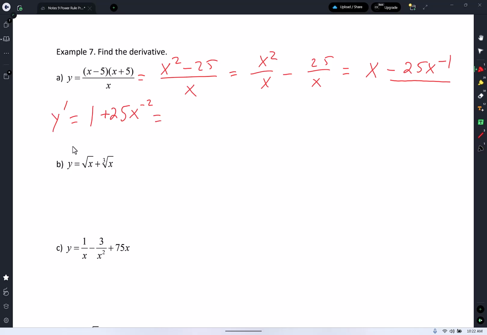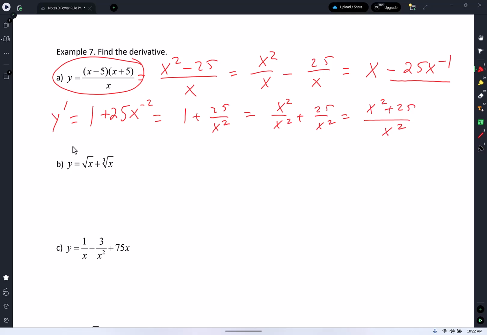You can rewrite it as 1 plus 25 over x squared. And if you want to turn that 1 into x squared over x squared, which is probably what they want to see, let's turn that into x squared over x squared plus 25 over x squared. And here's your final answer: x squared plus 25 over x squared.